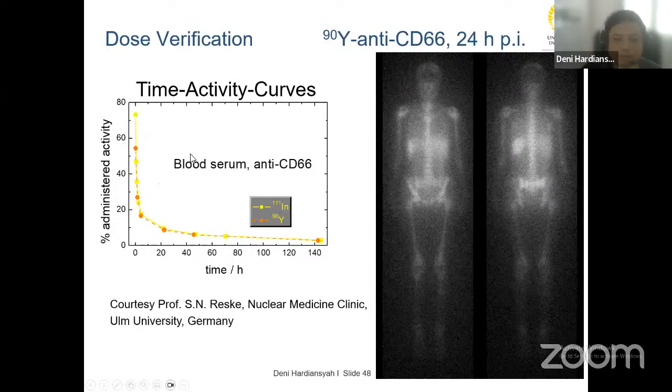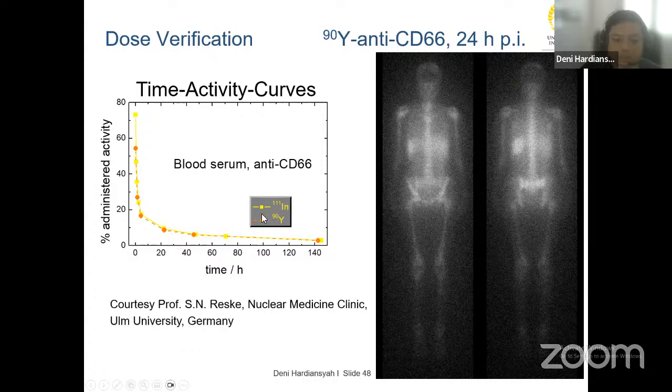And this is one of the examples, because you know that before we perform the therapy, we perform the prediction, right? And then during this prediction, we calculate the favorable dosimetry for the biokinetic and also the absorbed dose. And then we come up with the injected activity. But then we need to make sure, because this is the result. The yellow one is the result from the pre-therapy, from the imaging, the diagnostic.